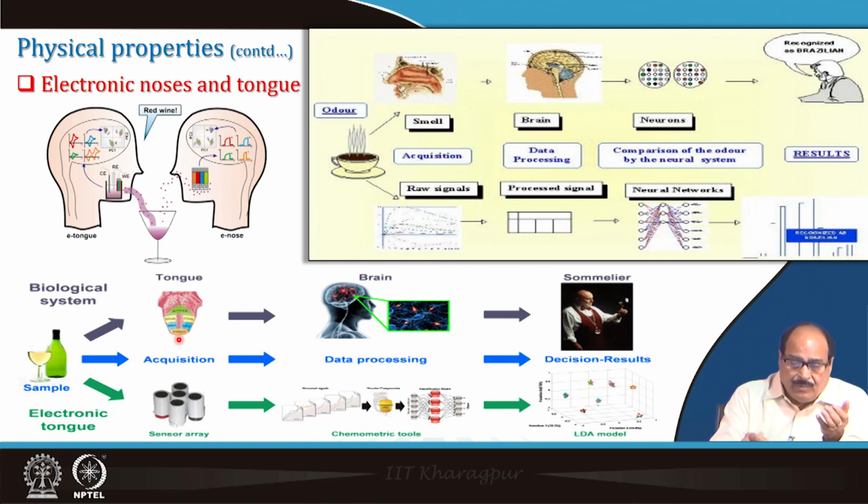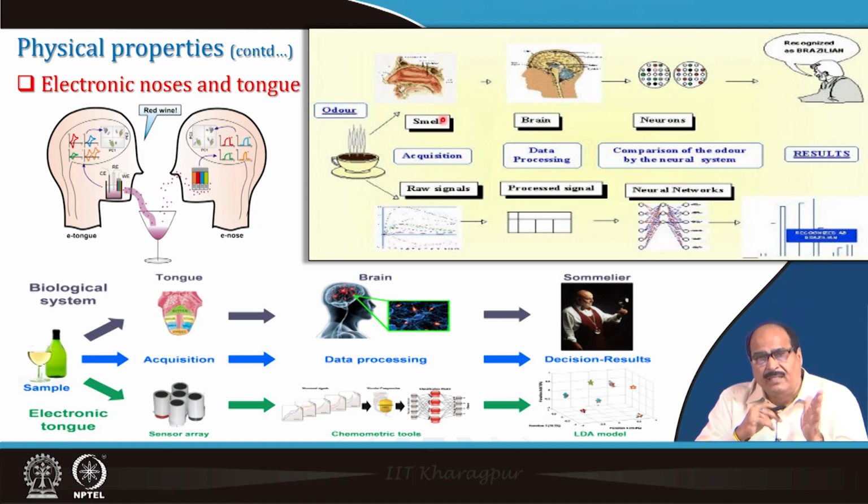Similarly, in the human olfactory system, the nose senses the flavor or smells, and this information is again sent by the nerves to the brain, where there are neurons that analyze the data and give the impression.